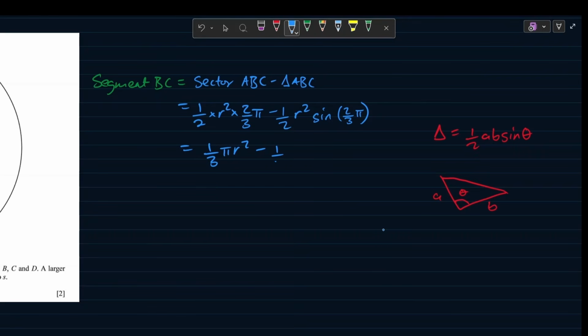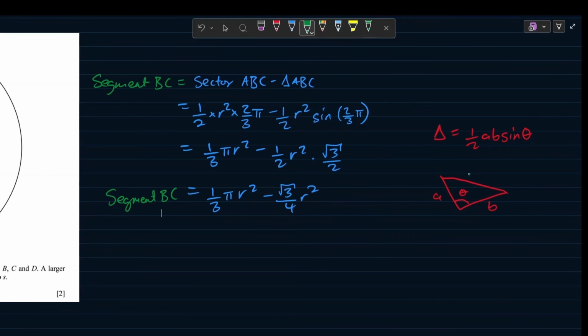So I've got a half r squared times root 3 over 2. So this is 1/3 pi r squared, and I've got minus 1 over 2 times root 3 over 2. That is root 3 over 4 r squared. This is the area of a segment BC.